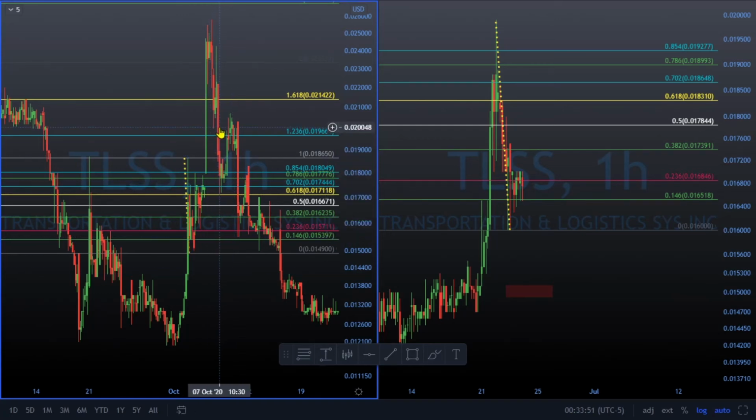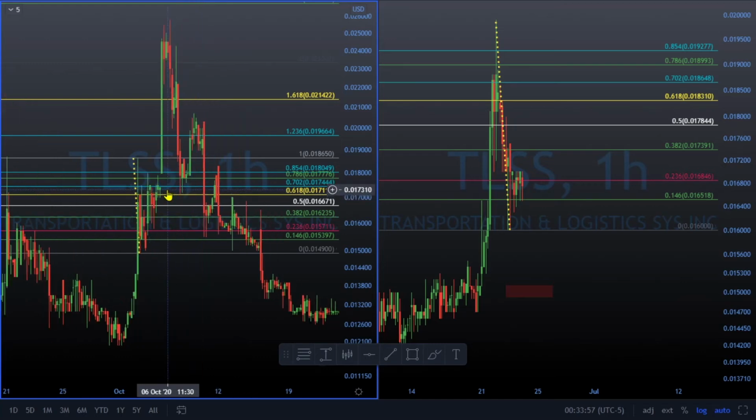If 0.0175 is broke, it's my opinion that it's because of this, and you can see it here too. 0.0175 gets broke, and it's off to the races. It's just crossing that 0.702.